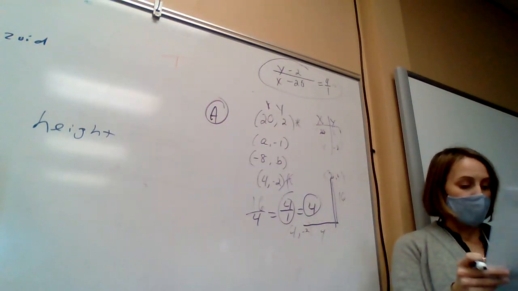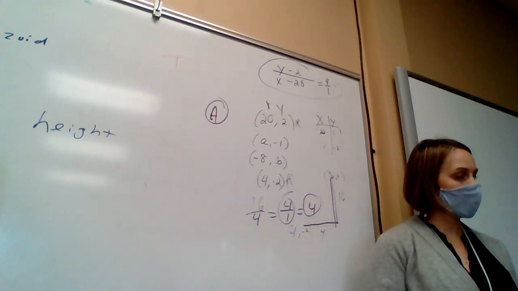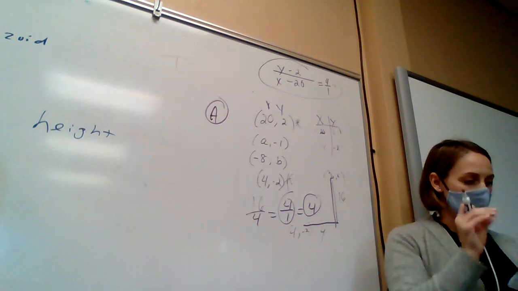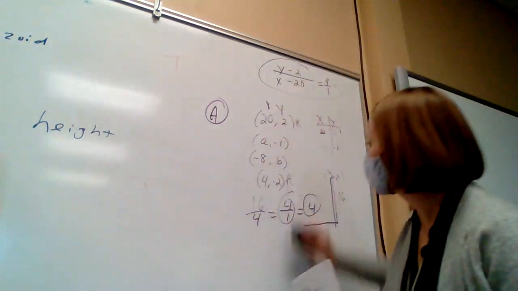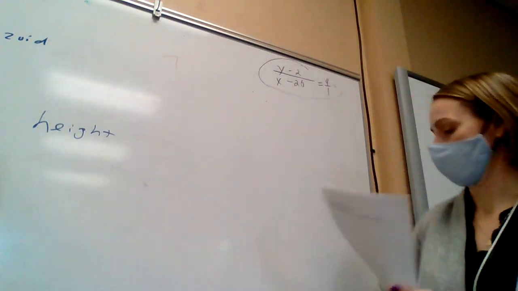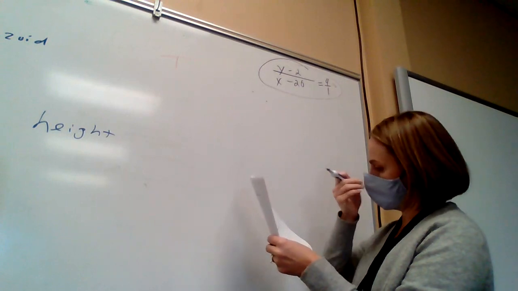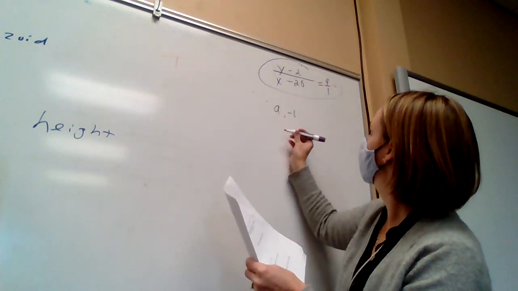Okay. So what are the values for A and B? What we could do is we'll take A comma negative 1.